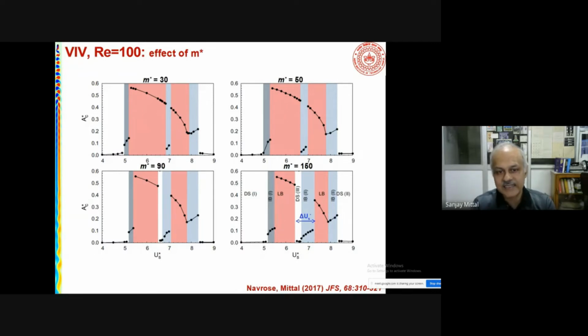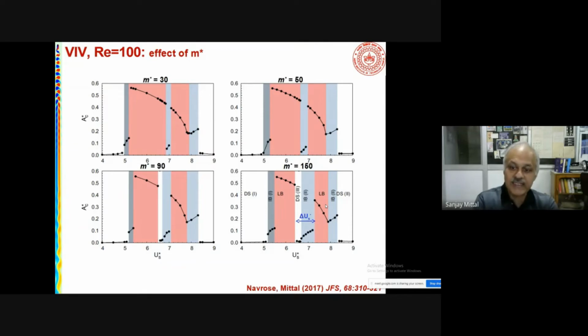And the lighter systems are, for example, at M star 10, you just get these two hysteresis at the onset and the end of synchronization. And in between, it is plain vanilla lock-in. But as you go to 150, you can see there's really a lot of interesting stuff going on.